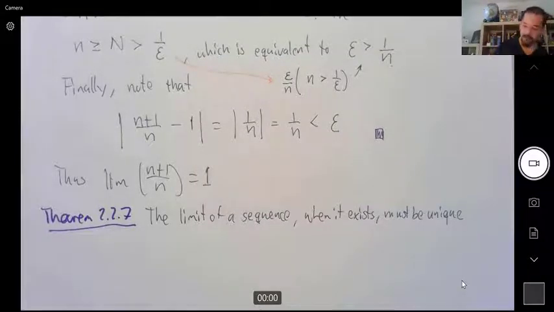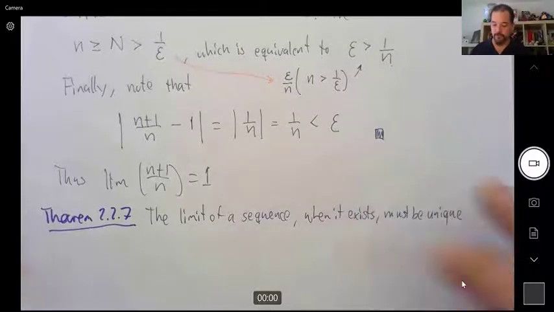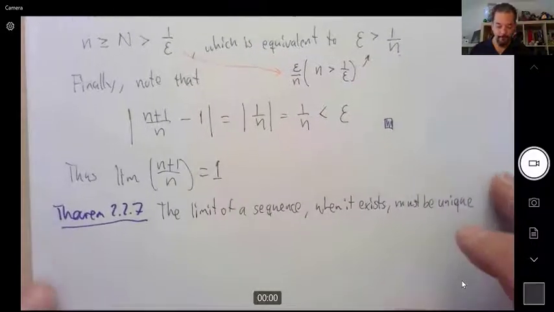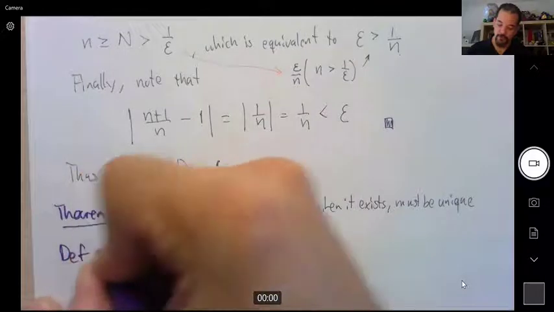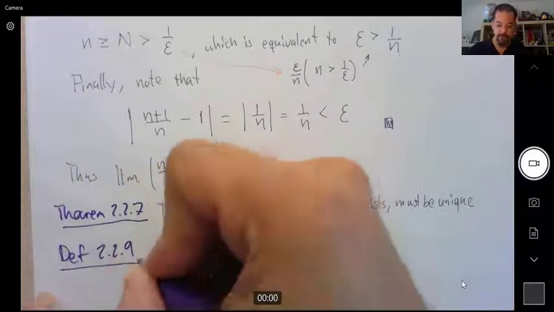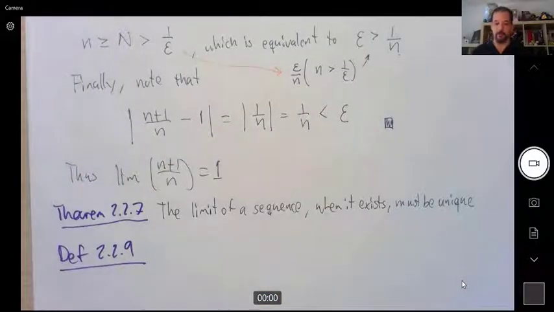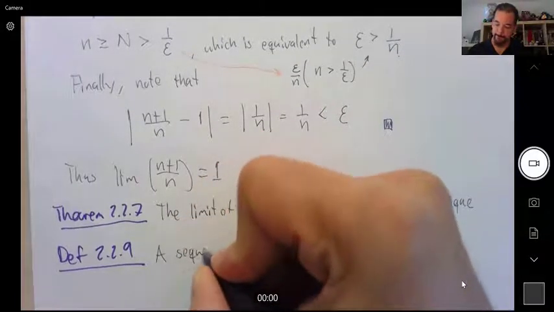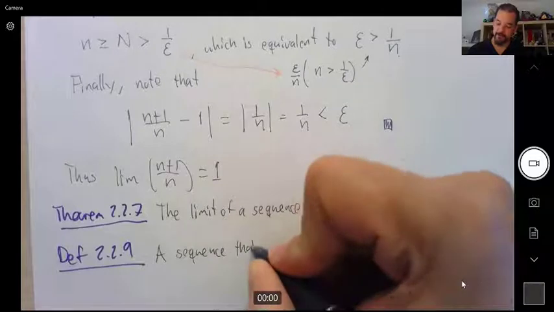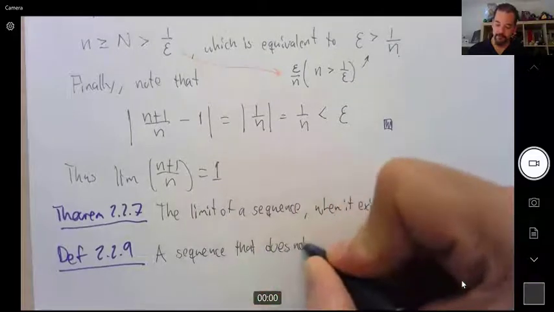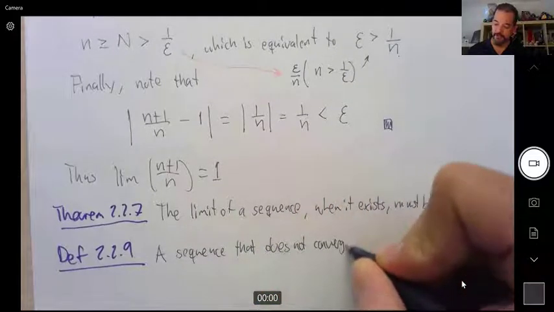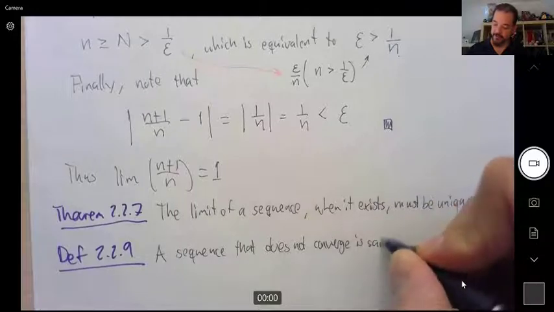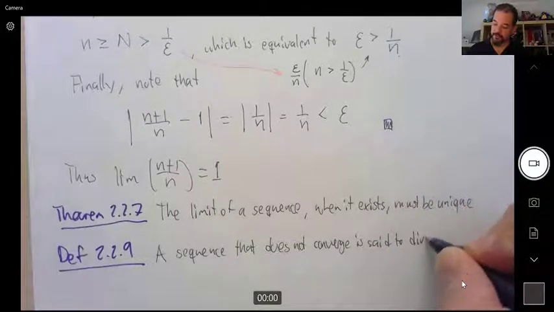So let me write this definition before we consider another example. Here's definition 2.2.9. It says that a sequence that does not converge is said to diverge.